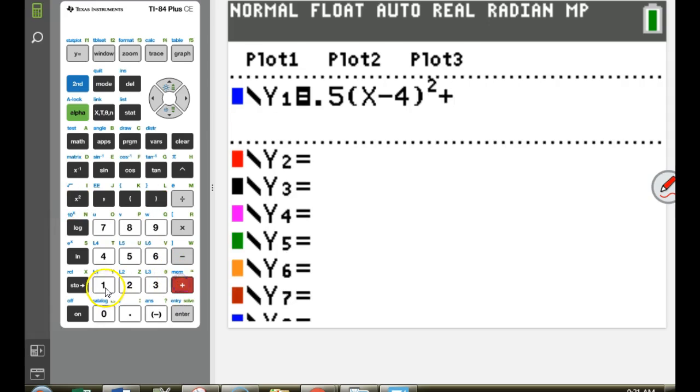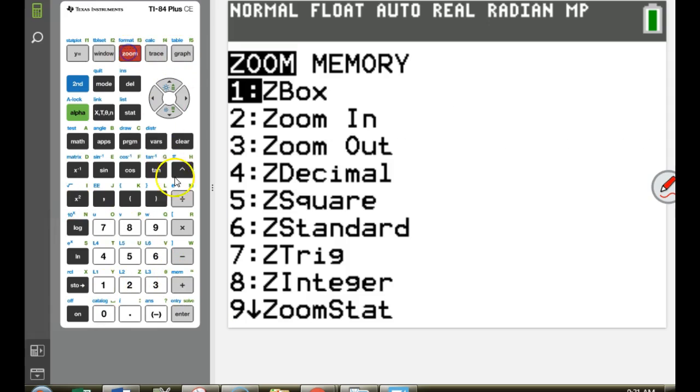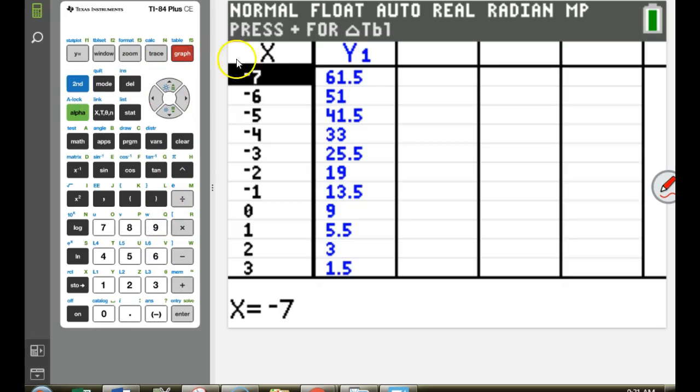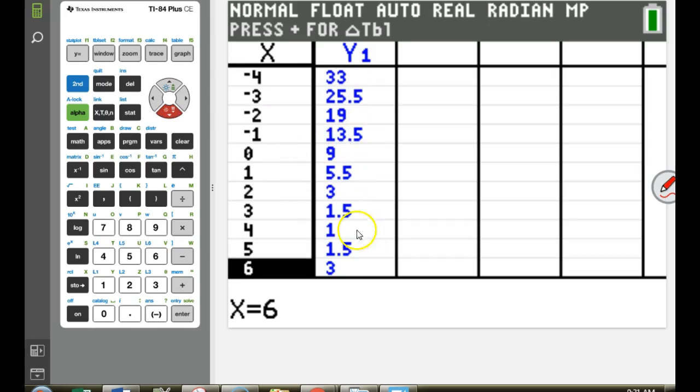Am I remembering right? So it looks like this in a standard window. If you've fixed the table, you can go in there and find some ordered pairs now. There aren't a lot that are going to fit, but there's a few down here.